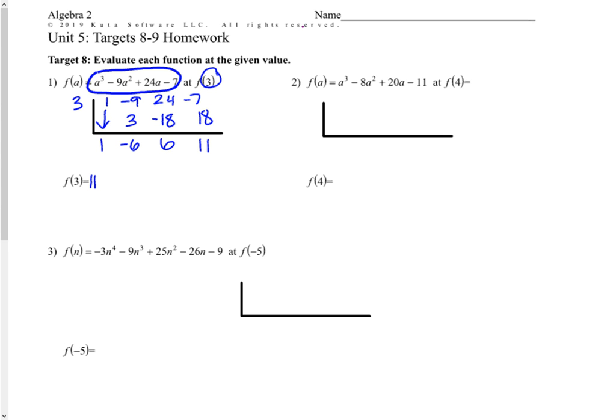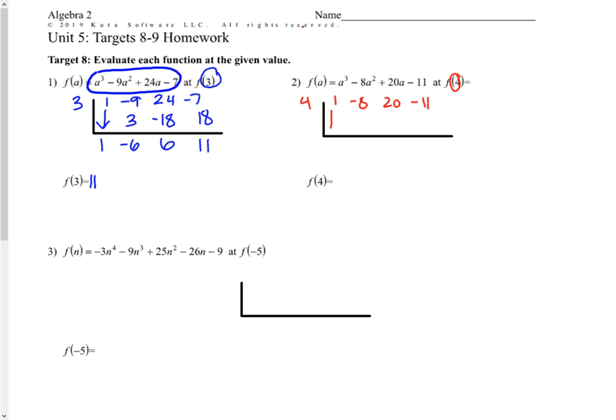Looking at number 2, again, I'm in standard form, a to the cube, a squared, and a. I'm not missing any terms. So I'll bring down my coefficients. I have 1, -8, 20, -11. They tell me my x value is 4, so I put 4 on the outside.